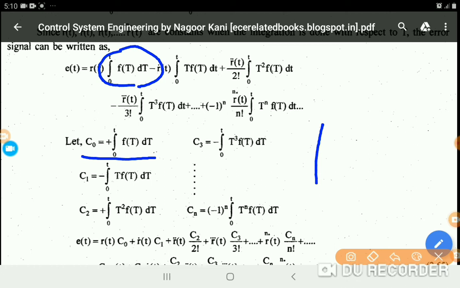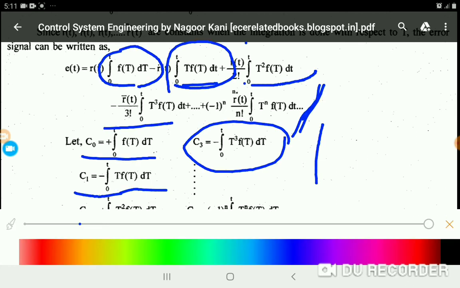Then the term except r dot of t, the integral 0 to t of capital T f of T dT, is considered as c1, and the T square part is considered as c2, the T cube part as c3.